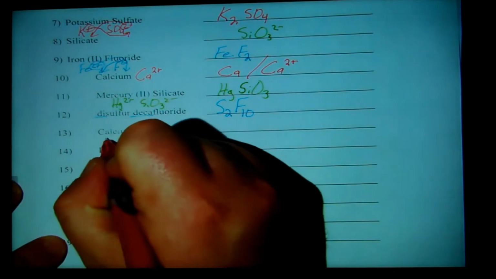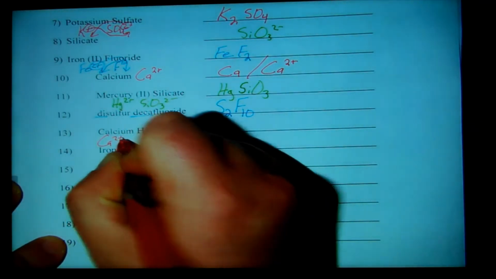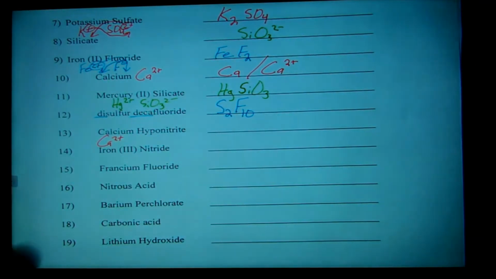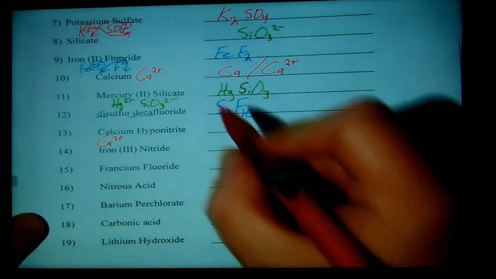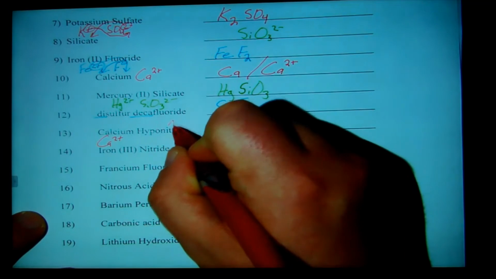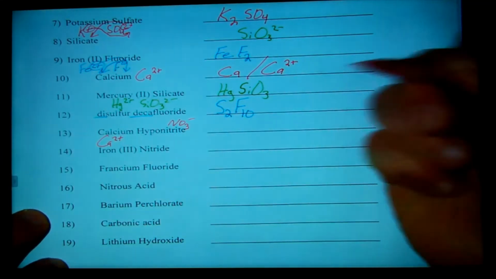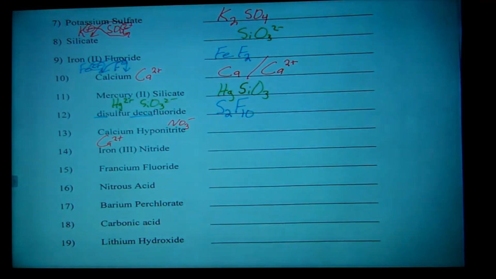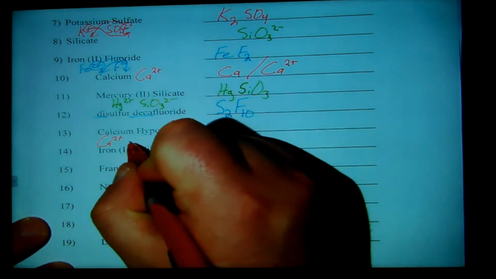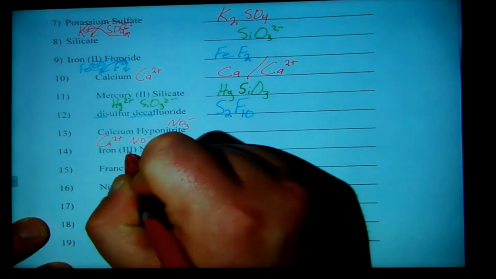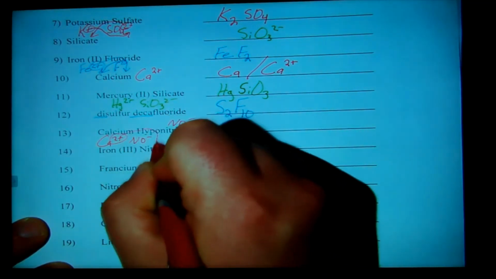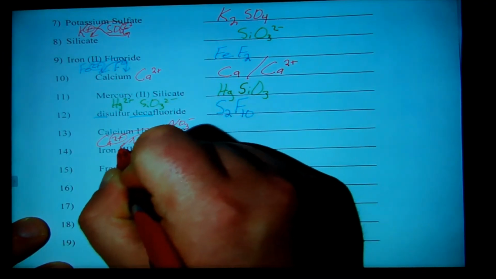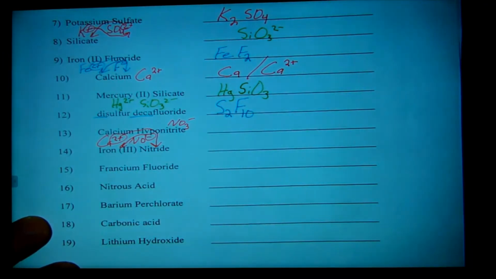Then go here to the calcium hyponitrite. So calcium is Ca2 plus hyponitrite. Okay, I'm going to have to go from the root on this, which is nitrate. Nitrate is NO3 minus. Hyponitrite, that's 2 fewer oxygens than the root, so it's NO minus. Do what we did before. Cross these guys over. And this is the key. This is a really good example here.